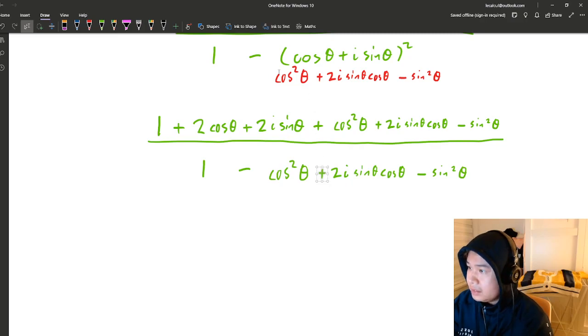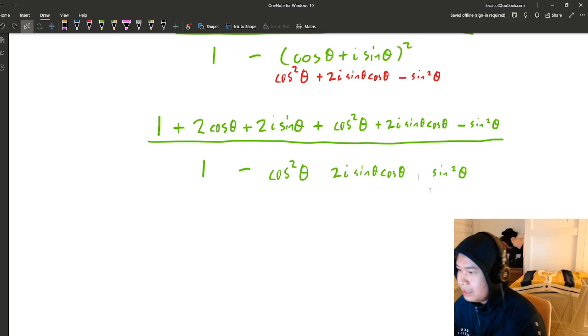Okay, so if I distribute the minus in, then this becomes a minus and this one becomes a plus.